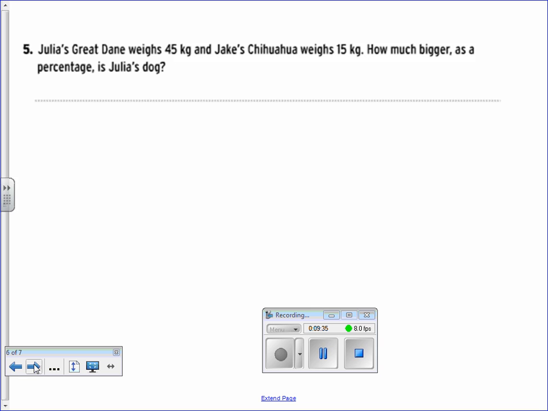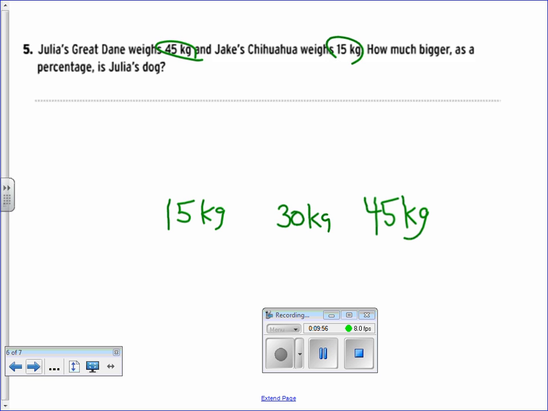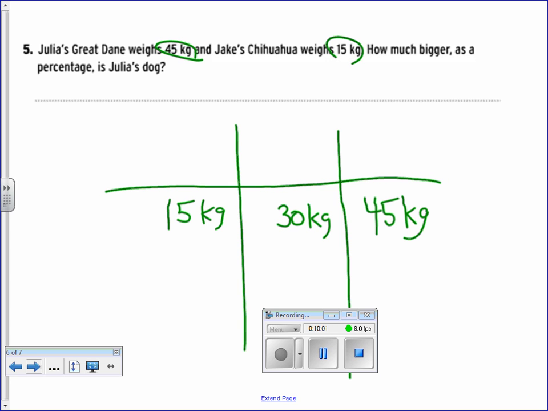Julia's Great Dane is 45 kilograms. Pull the numbers out. And Jake's Chihuahua is 15 kilograms. How much bigger as a percent is Julia's dog? Well, 15 goes into 45, right? When you have percents, 100% means the whole thing. So the whole thing of the Chihuahua is 100%. Two Chihuahuas is 200%.